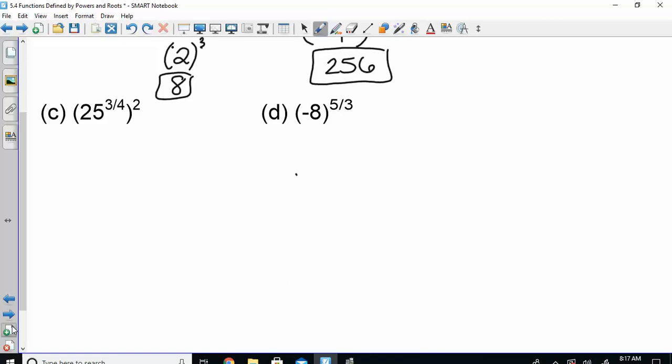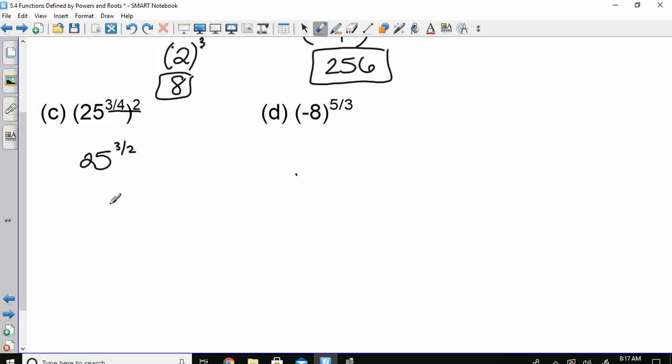Okay, C. You have to remember a few exponent rules. If you have a power to a power, what do you do with those? Multiply. So 3/4 times 2 is what? I'm going to write that as 3/2.